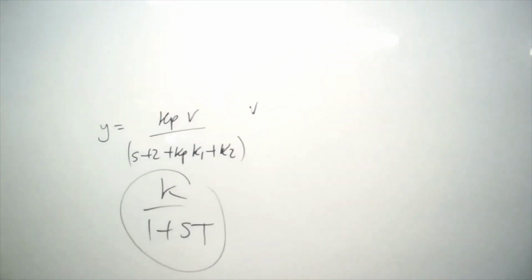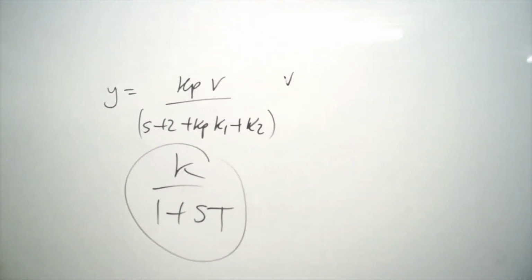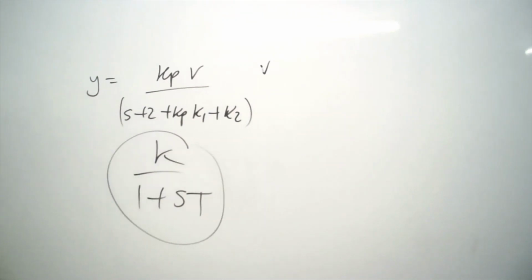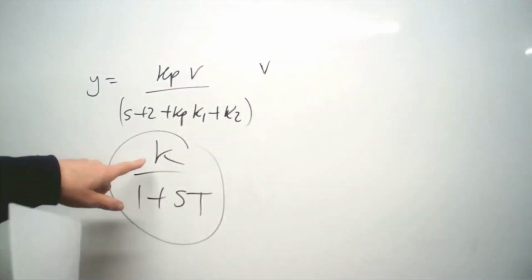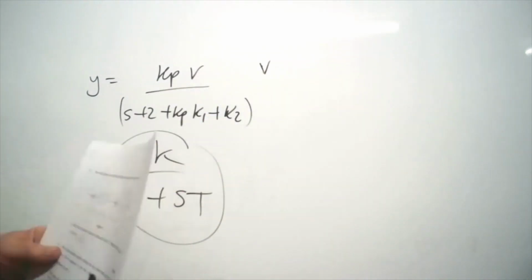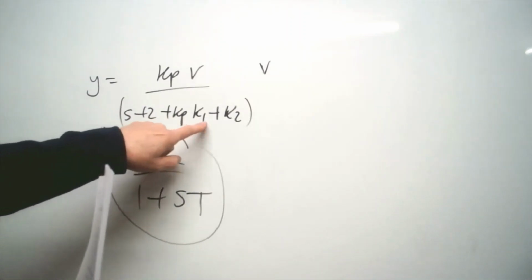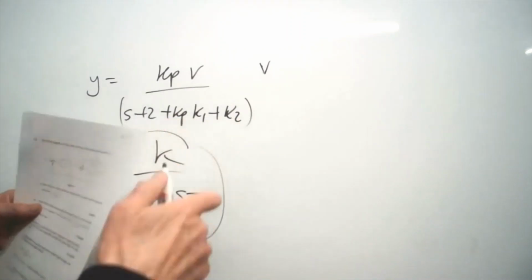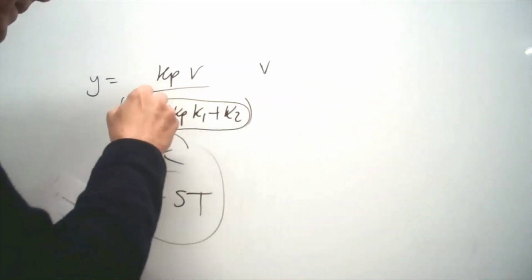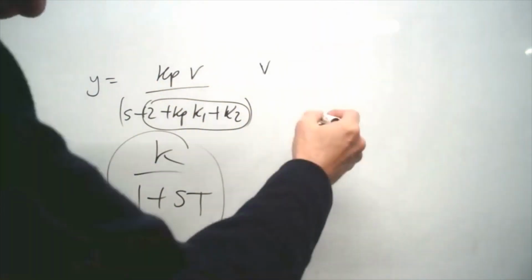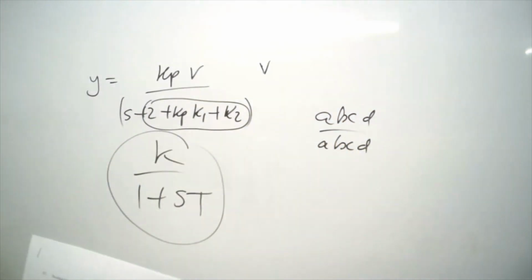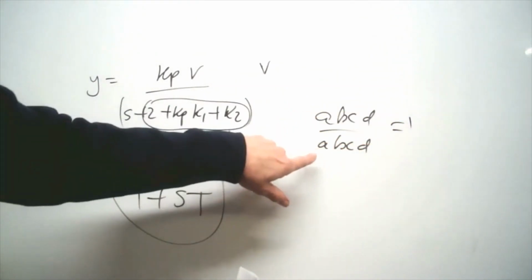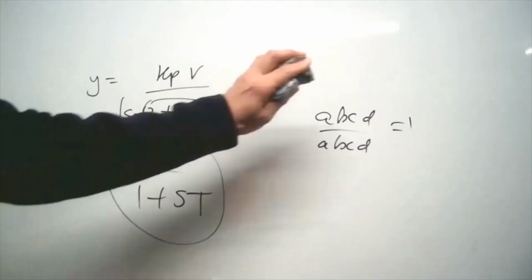Right, so I'm just going to move this a bit closer to here. There we go, this is our little thing we've got so far. And we've got to write this now in the standard form of k over 1 plus st. So we've got to make this term here, the 2 plus kp k1 plus k2, into 1. To do that, take this term and divide it by itself. Because if you've got, say, a, b, c, d over a, b, c, d, then it's equal to 1. No matter what you've got, as long as you put the same thing underneath, it'll always be equal to 1, won't it?